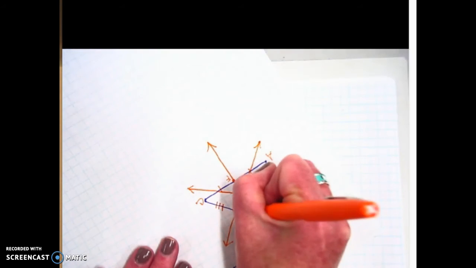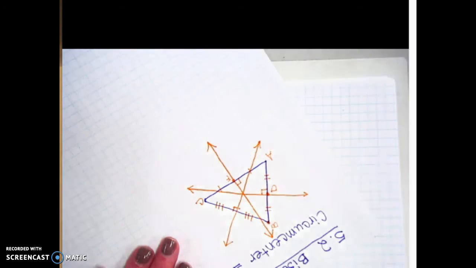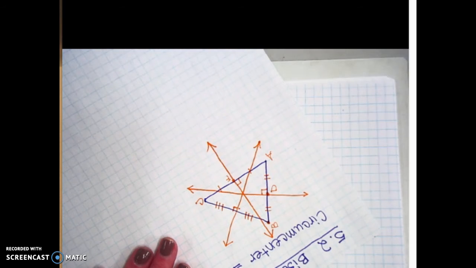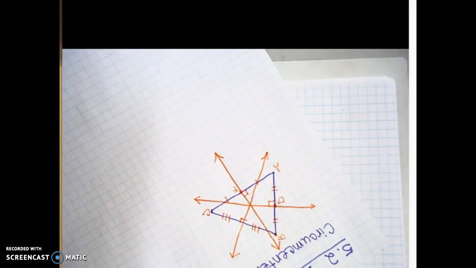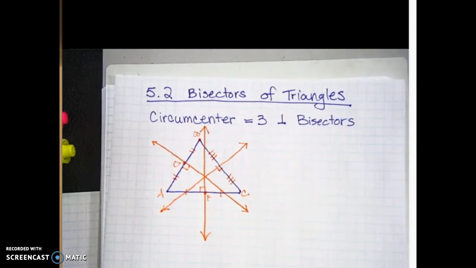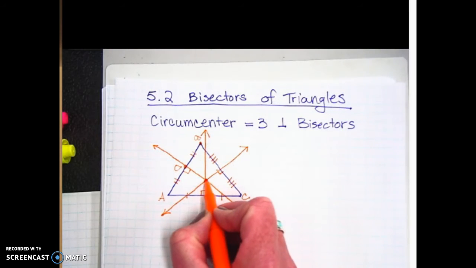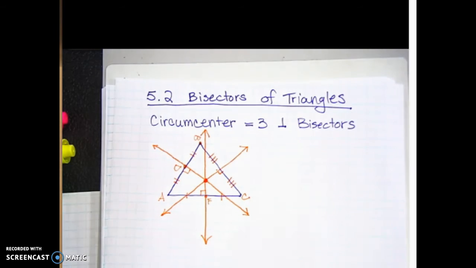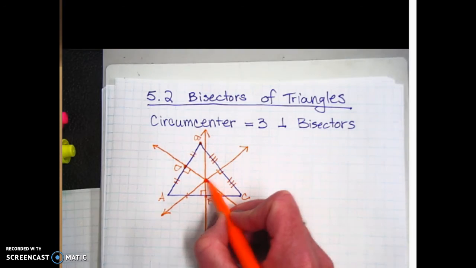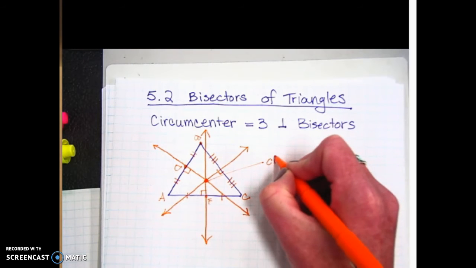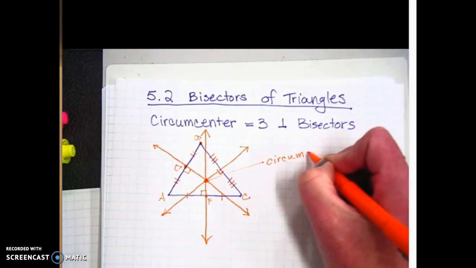And we're going to put triple tick marks to show that it bisects it. Okay? If you did it perfectly, you should have an intersection point in the middle, right here, where all 3 of them cross. That's called your circumcenter.